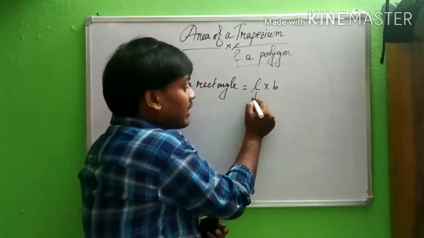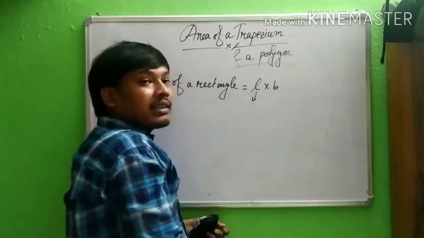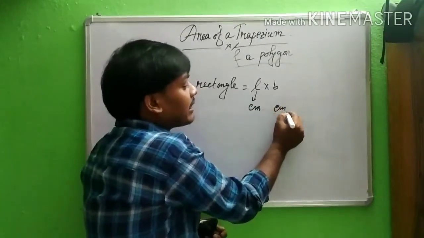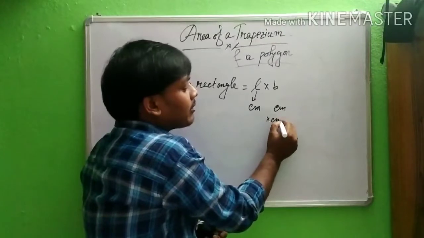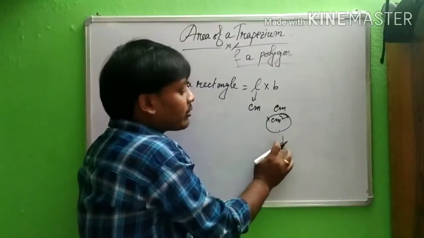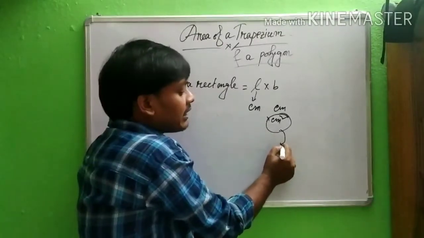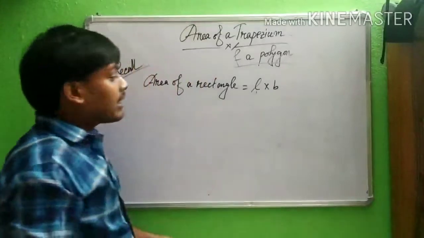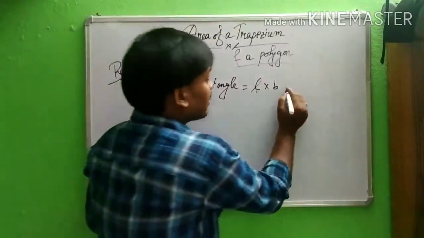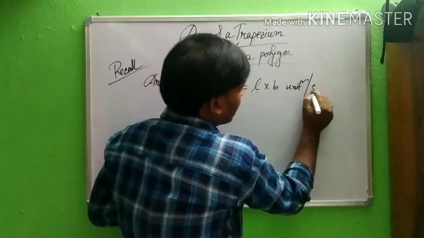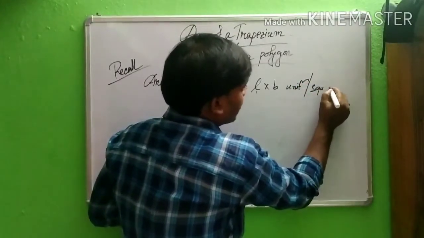That means if the length and breadth are both given in centimeter, then centimeter into centimeter, that means centimeter square, and we can also say square centimeter. Okay. So area of a rectangle, length into breadth, unit square or square unit.